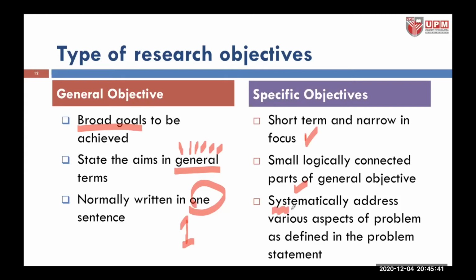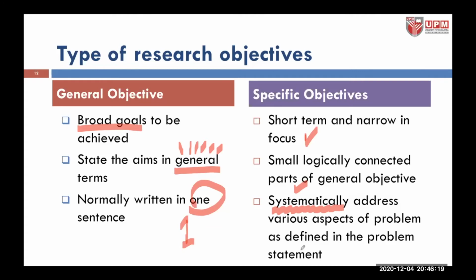And the third item here, it systematically addresses various aspects of the problem as defined in the problem statement. So where does a research objective come from? It comes from your problem statement. How are you going to solve the problem by putting a general objective, which is clearly defined in the specific objective. Some students may ask, do we need to write a general objective, or can we just straight away specify a specific objective?